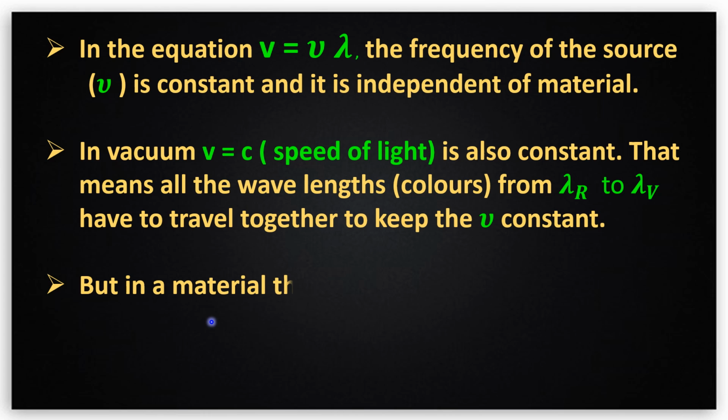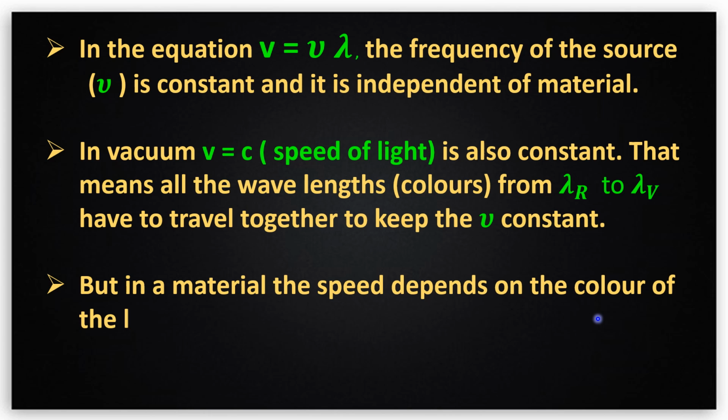But in a material, the speed depends on the color of the light. However, nu is constant. Observe very carefully. In this equation, v equals nu lambda, nu is constant, it is independent of the material, isn't it?